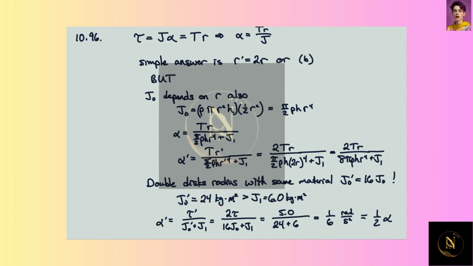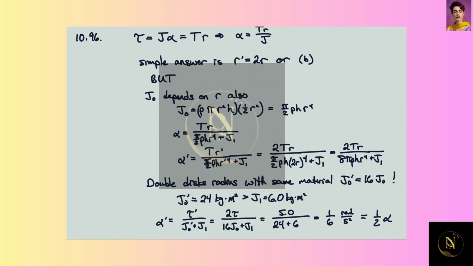And you could say, well, maybe this is negligible compared to that. Well, we already figured out that it wasn't, because initially it was 1.5 compared to 6, which is not insignificant. Now this is actually much bigger, it's 4 times what this is. So there's no way that we can say that this is negligible compared to that.